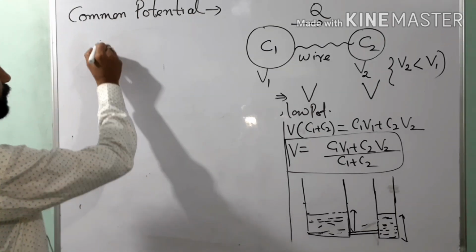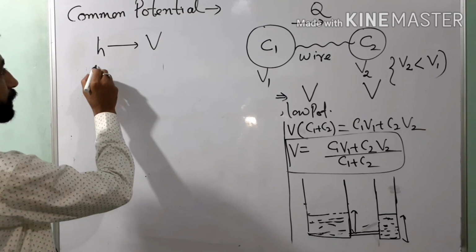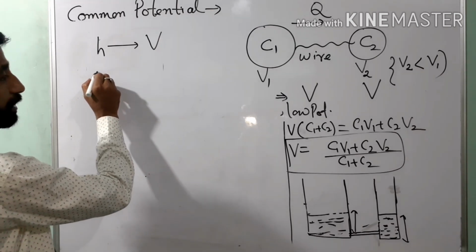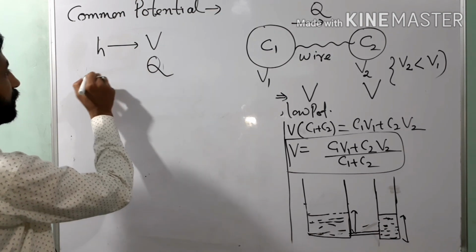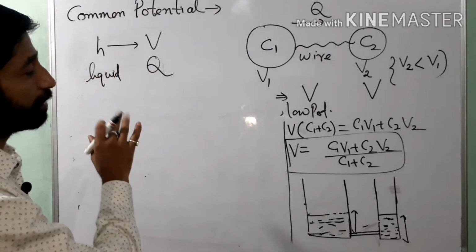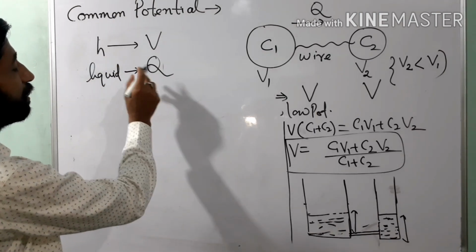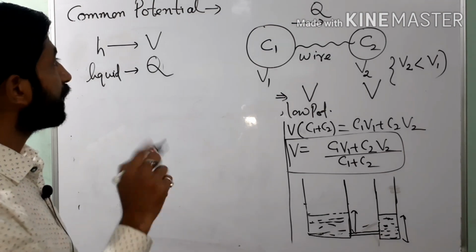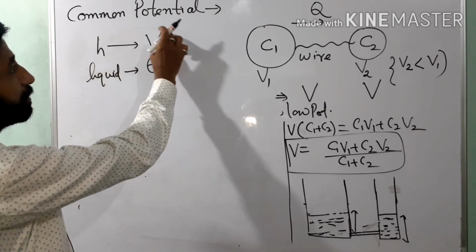So we are comparing height with voltage and liquid with charge. Charge flow will continue until the height becomes equal in both, and height is compared with potential.